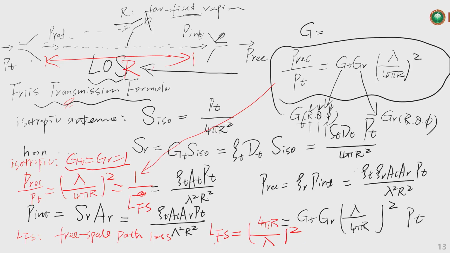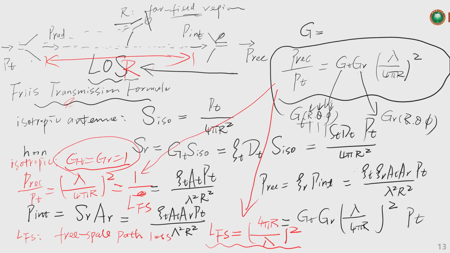So this is the free space path loss calculation, from this equation and under the condition that the antenna gains of the transmitter and the receiver are equal to 1. This is for line of sight propagation.